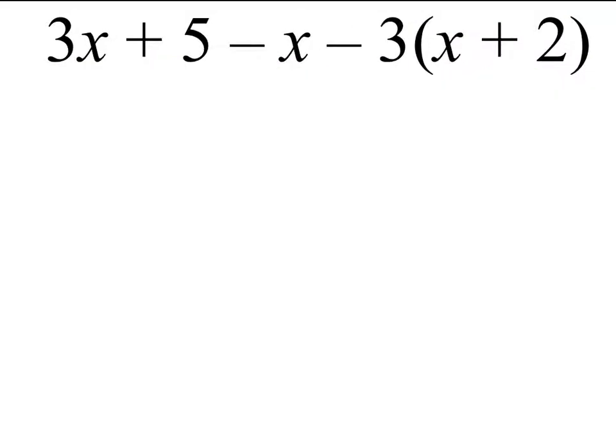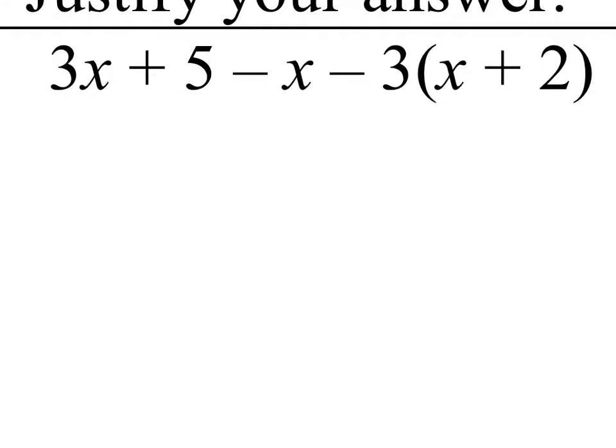Alright, you guys try this one, then we'll do it. Here we go. On these, we must be very careful because when we distribute into that set of parentheses, we're distributing negative 3.